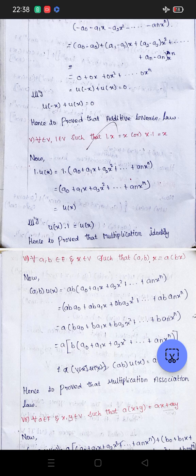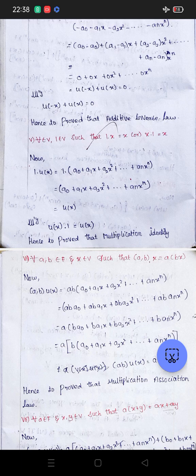The fifth condition: for all x belonging to V and 1 belonging to V, 1 · x = x or x · 1 = x. Now 1 · u(x) equals 1 times the polynomial a0 + a1x + a2x^2 etc. + an x^n.